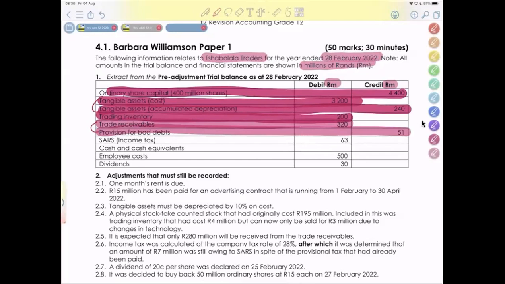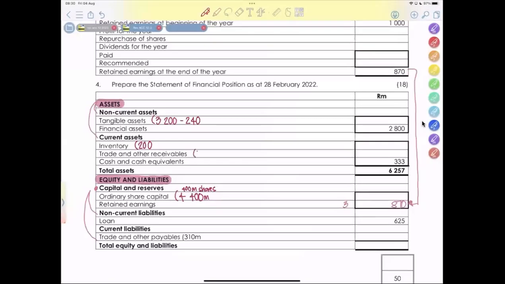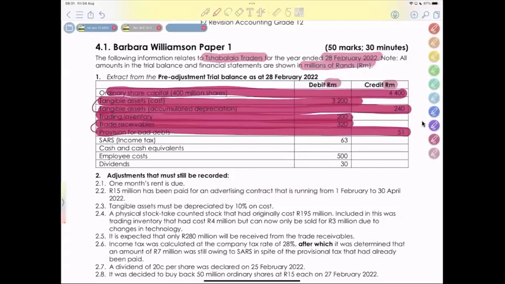So we would show the 320 minus the 51. Now, because the 51 is a provision, and will probably need to be adjusted, I always like to just make a little note above that that is provision so that I know which one it is when I need to use it later.